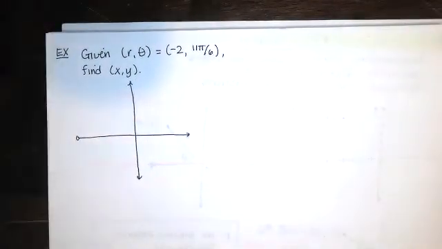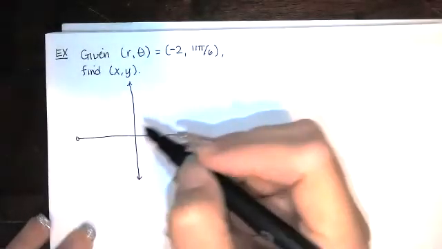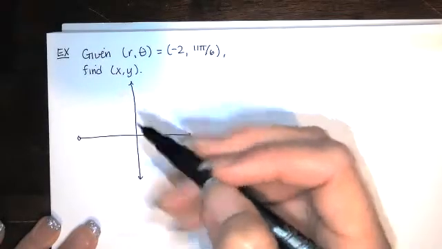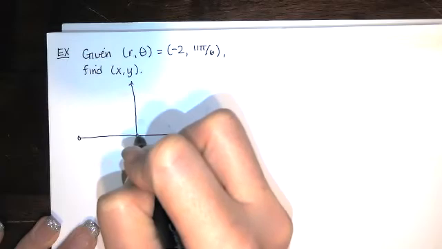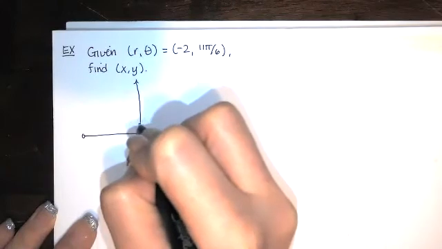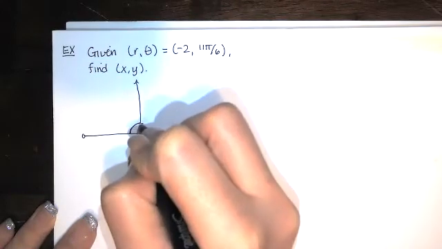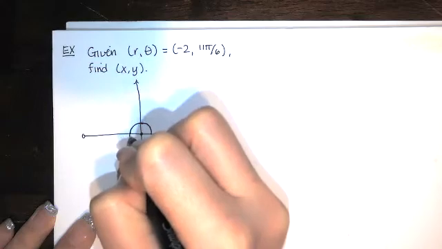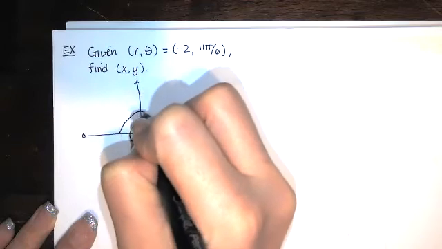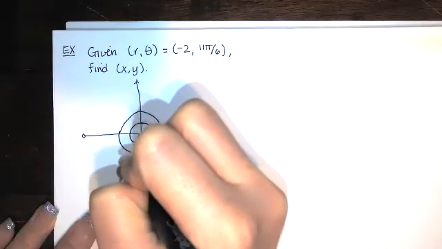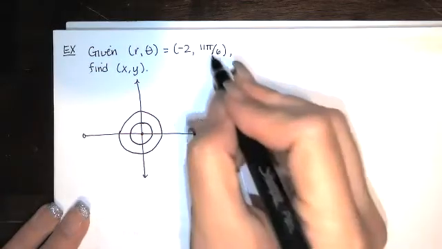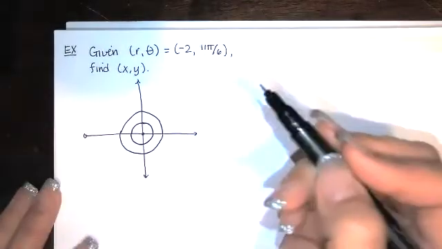We'll save that for more interesting graphs in just a minute. But to help me, I'm going to add some guidelines here. If r equals 0, that means we're at the origin. r equals 1 is a circle of radius 1, because it's a collection of all points that are 1 unit from the origin, which makes sense. r equals 2 looks like this. And so on.